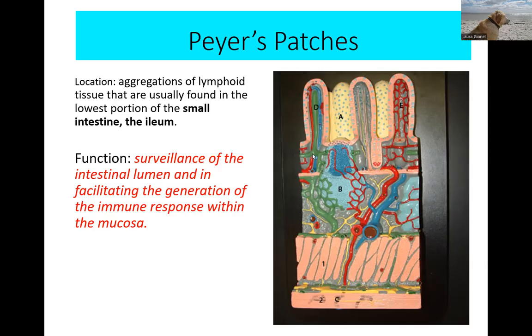Okay, so in each finger-like bristle or extension is a capillary, a lymphatic capillary, and it is able to absorb molecules that are being absorbed across the surface of this villi, and transport it. That's just the bottom line.